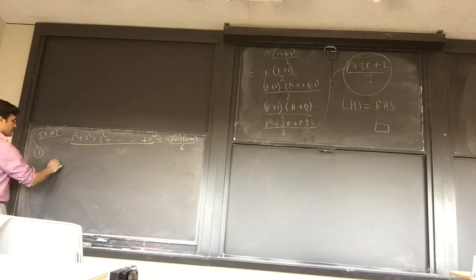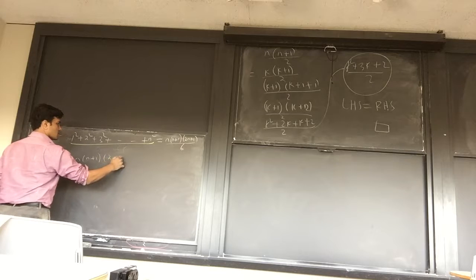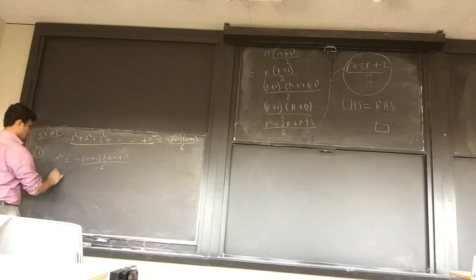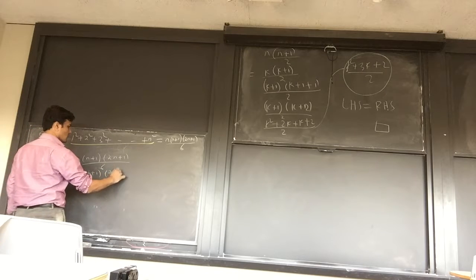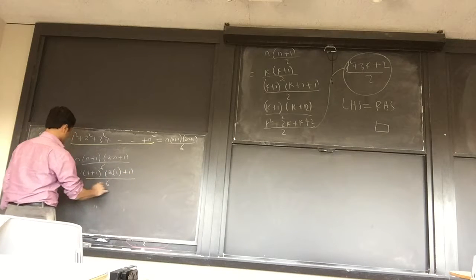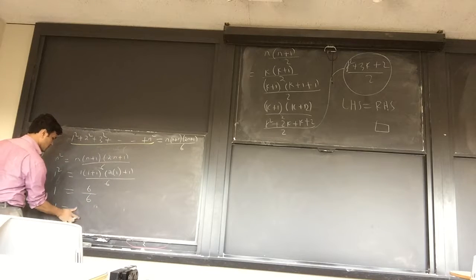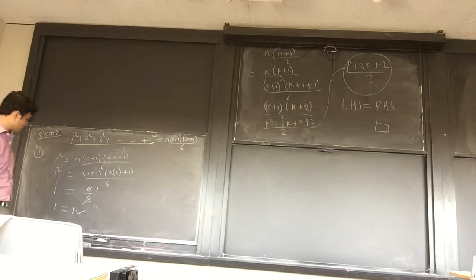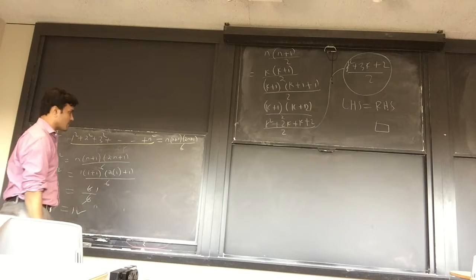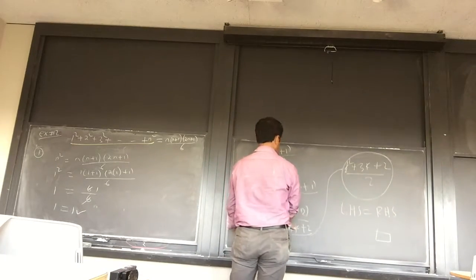Let's plug in 1. 1 squared is 1; 1 times (1 plus 1) times (2 times 1 plus 1) over 6 is 6 over 6. So 1 is equal to 1. So it works. It works for 1, so it should work for k plus 1.